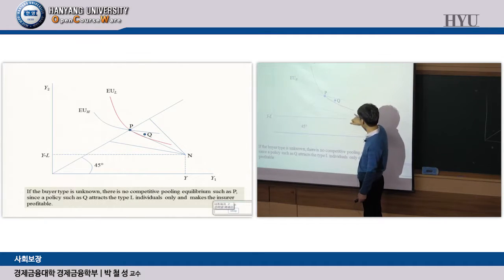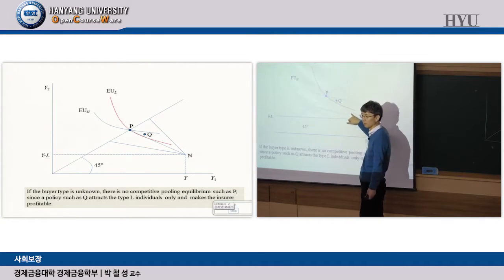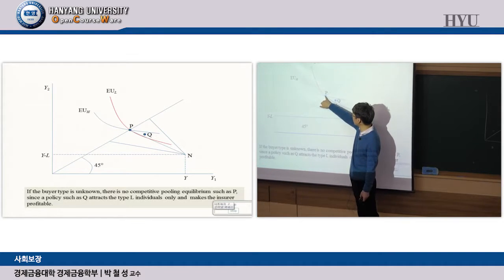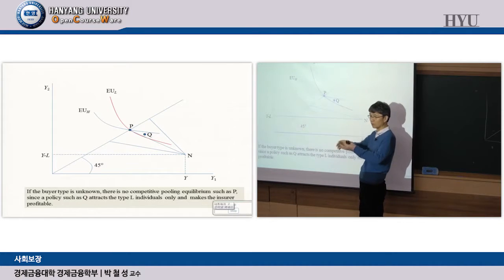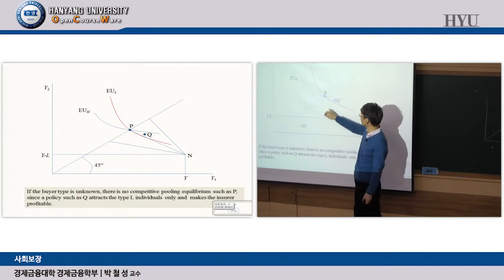So this line shows the mixed probability. If they sell plan P and everyone buys this insurance, then this company will break even, because the probability of accident for everyone is just the mixed probability.